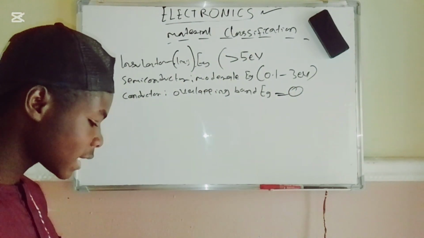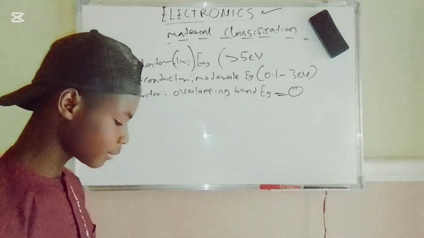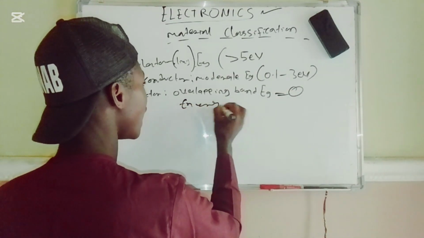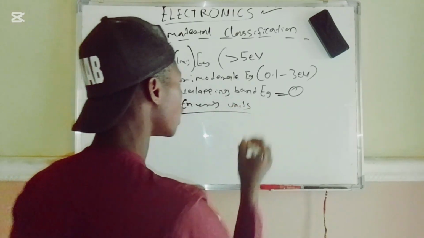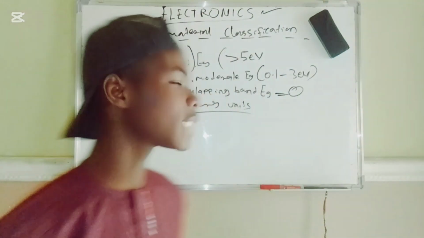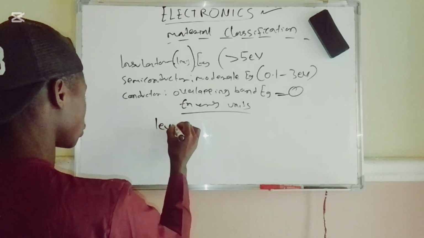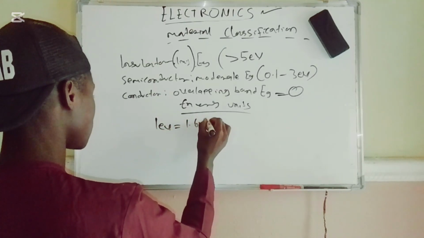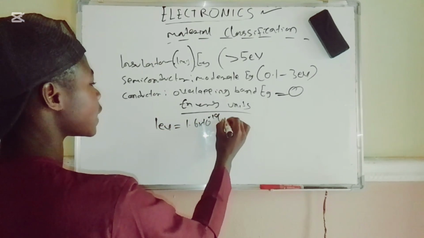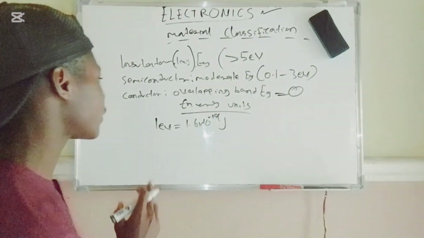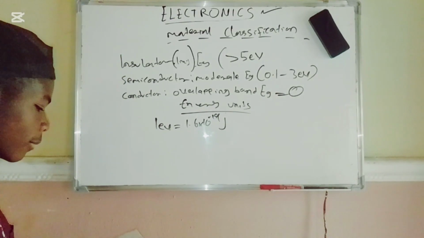So the next thing that I want you to know is that we have to talk about energy units. As I said, I will explain what an electron volt is. One electron volt equals 1.6 times 10 to the power of negative 19 joules. Take a sheet of paper and write those formulas because they're very important.